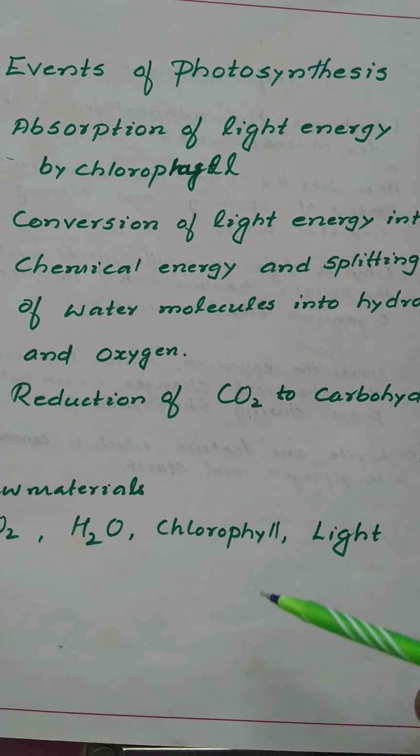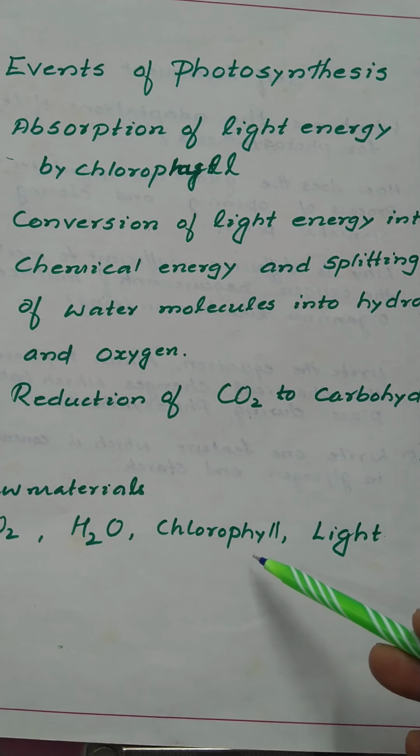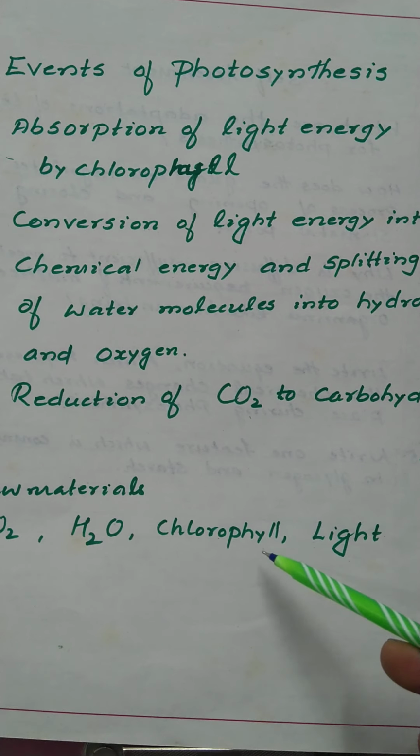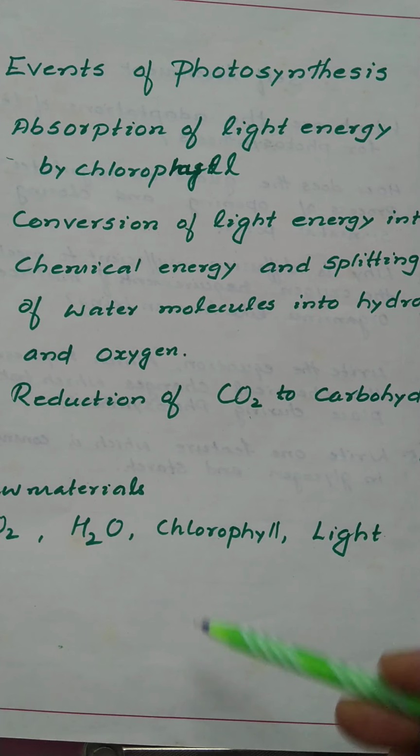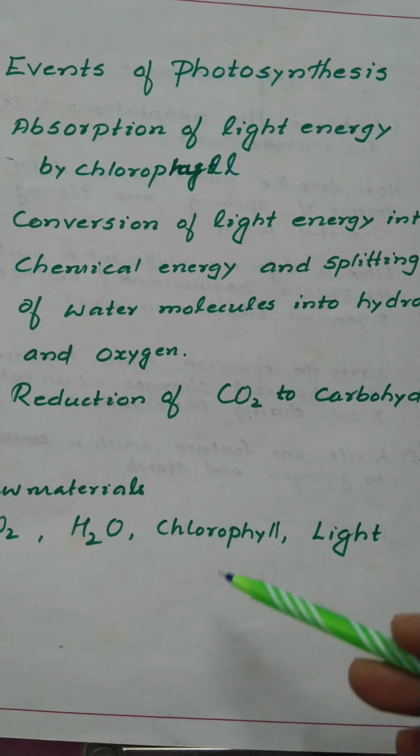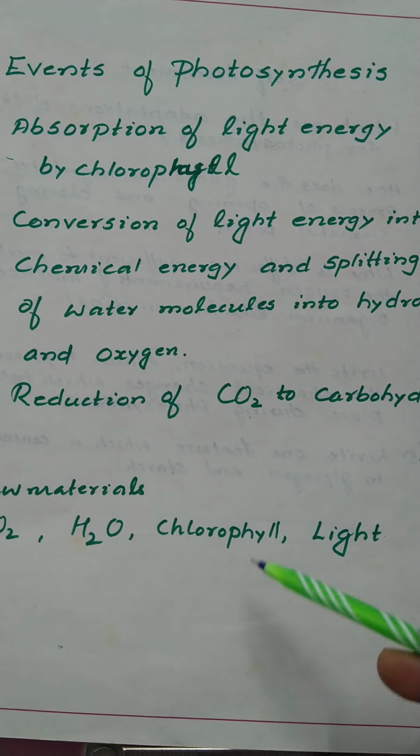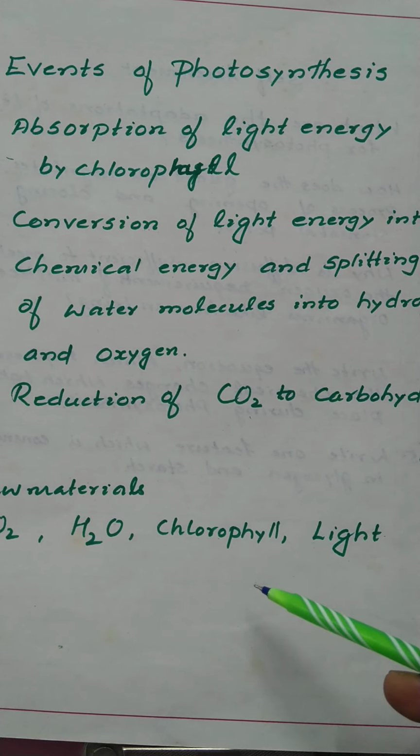The rate of photosynthesis is minimum when the light is green in color. Then it is maximum when the light is red or blue. If we consider the duration of light, if light is available 10 to 12 hours per day, then a high rate of photosynthesis will take place.